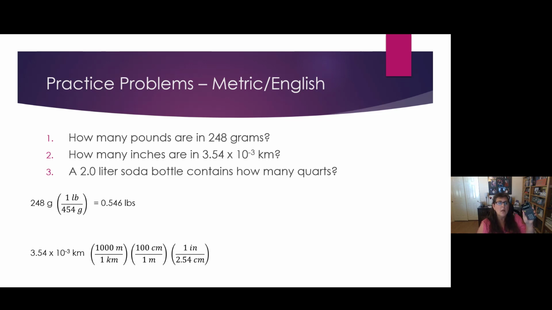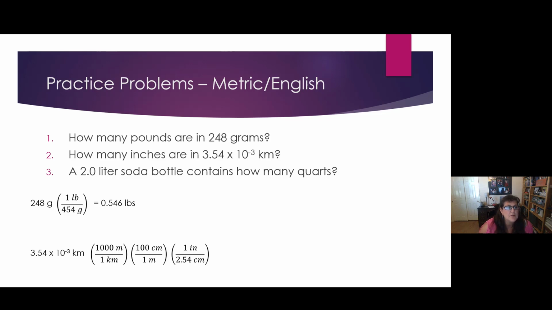Got it? 3.54 exponent button, negative 3. Cool. Times 1,000 divided by 1. Times 100 divided by 1. Times 1 divided by 2.54 equals, big long number, sig figs.